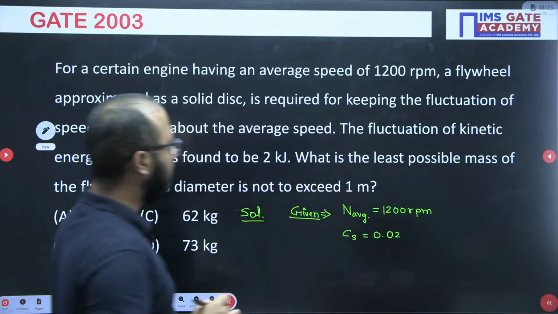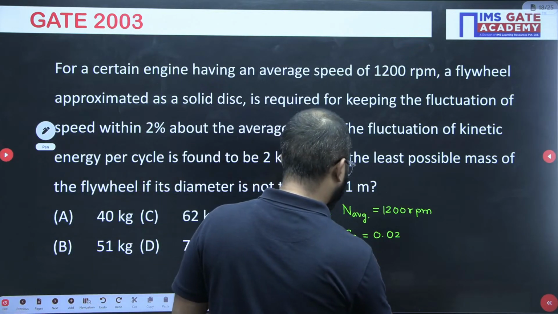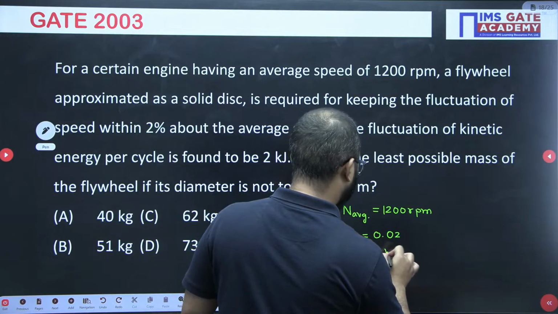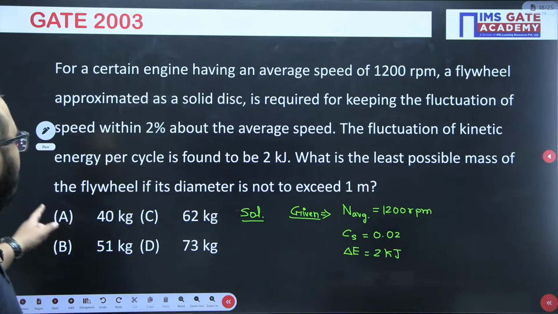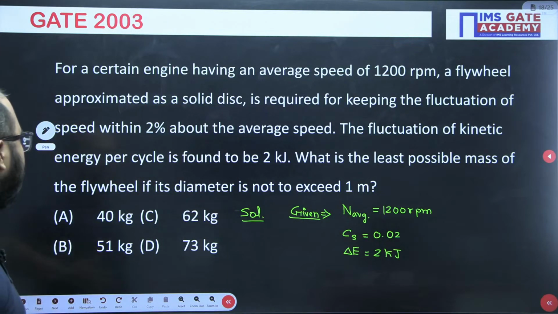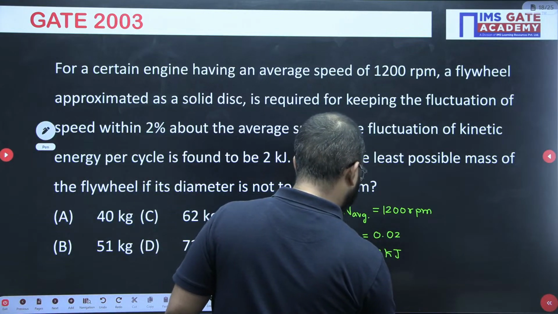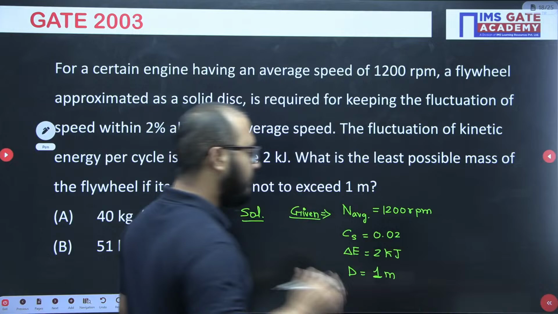Fluctuation of kinetic energy delta E is 2 kilojoule, they have given. Now, what is the least possible mass of the flywheel if its diameter is not to exceed 1 meter? So the diameter of the flywheel is also given as 1 meter. So what should be the mass?